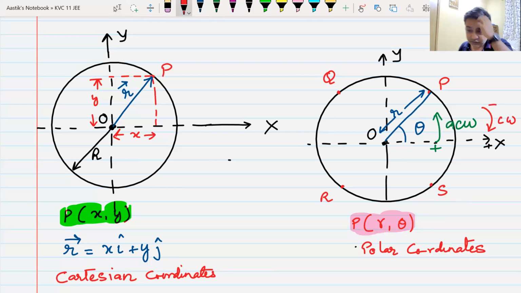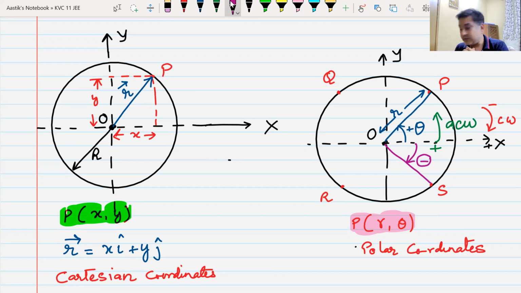Clockwise. So this angle from the x-axis, it is positive. So this should be called as positive theta. If the point was here, point S, this angle would be like this. So it will be called negative angle. Do we understand this? If the angle from the axis is in the anti-clockwise sense, it is positive.